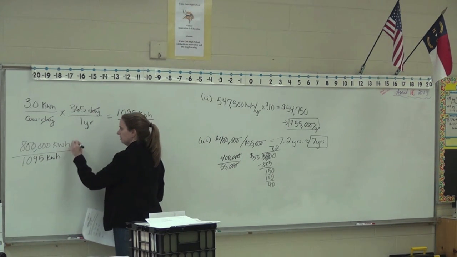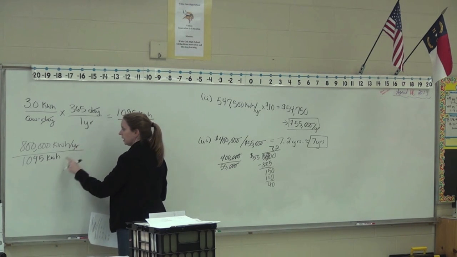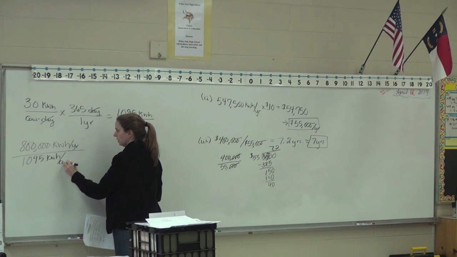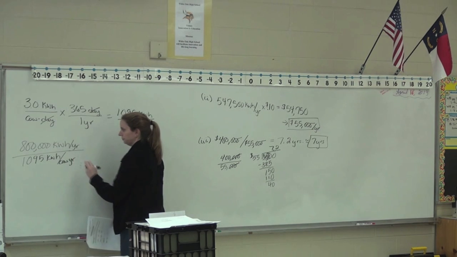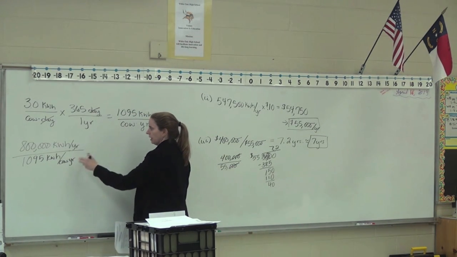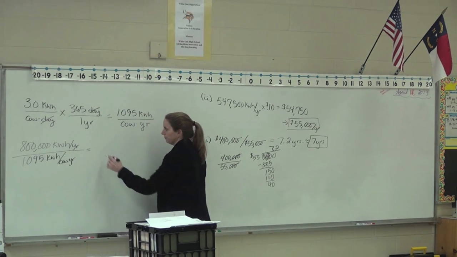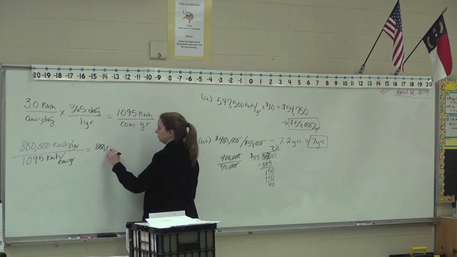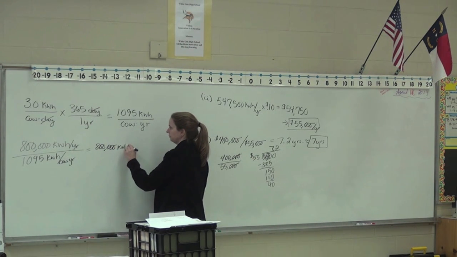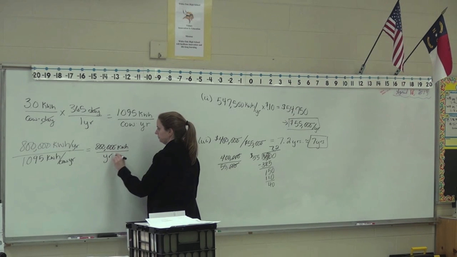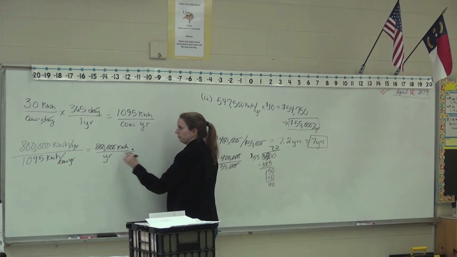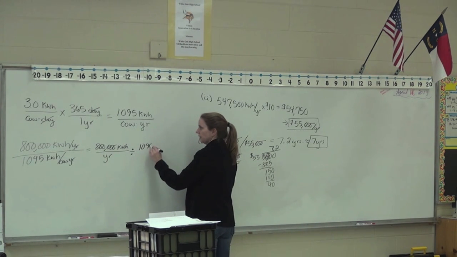But this is again per year, and this is again per cow year. All right? Now to get our units to cancel correctly, I'm going to rewrite it like a regular division problem. 800,000 per year, dividing by 1,095 kilowatt hours per cow year.